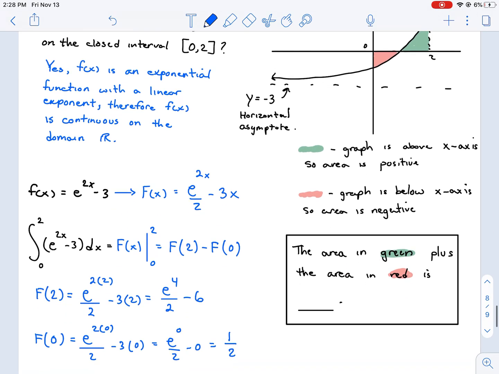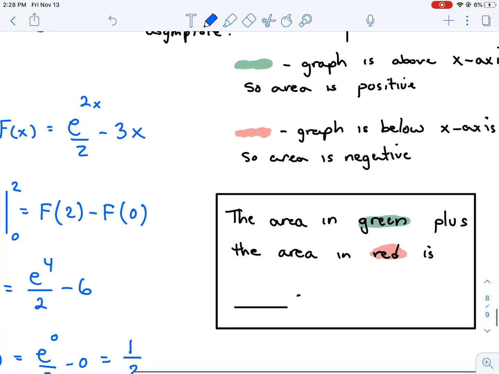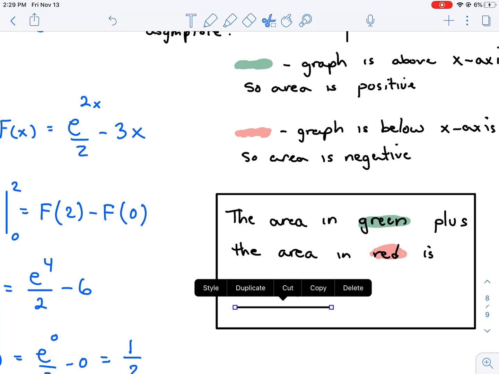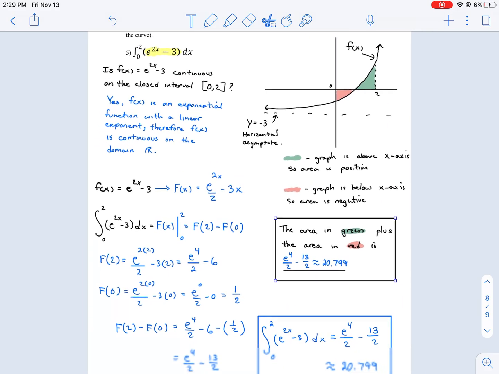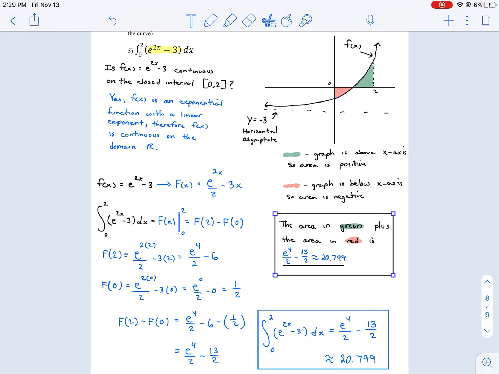And if we take the area in green and add it to the area in red, you're going to get, make this a little bit bigger, the value of e to the 4th divided by 2 minus 13/2, which is approximately 20.799. So that's what the value of the definite integral represents, and we are done.